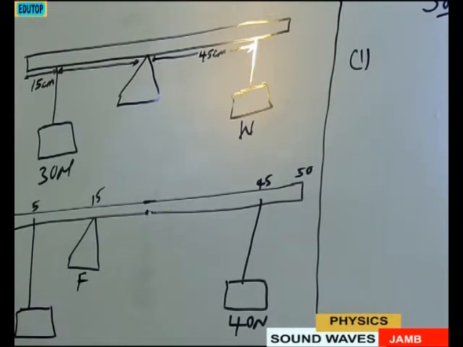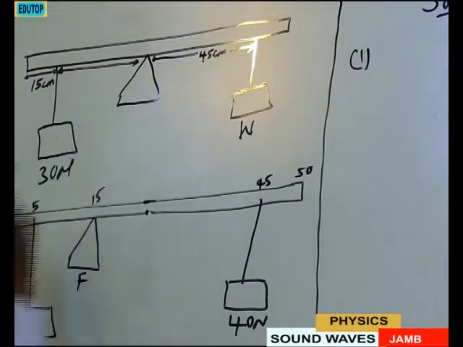If the fulcrum is at the center of gravity, the force that must be applied at its other end to keep it in horizontal equilibrium is, and that is year 2003, question number 10.